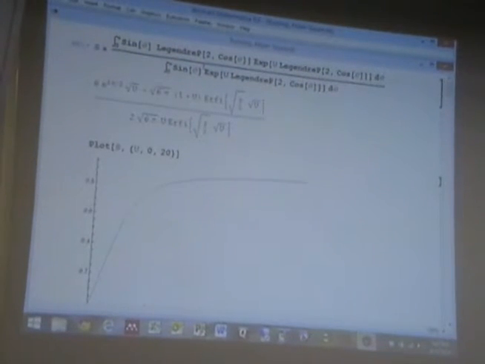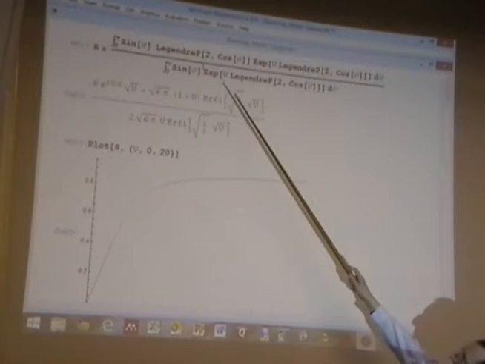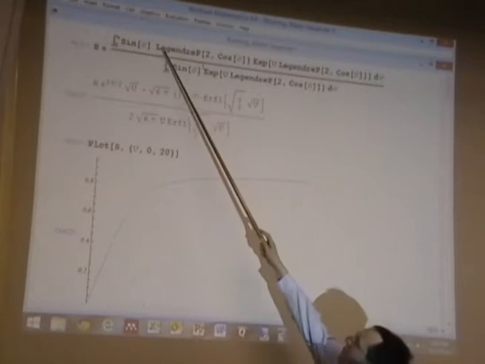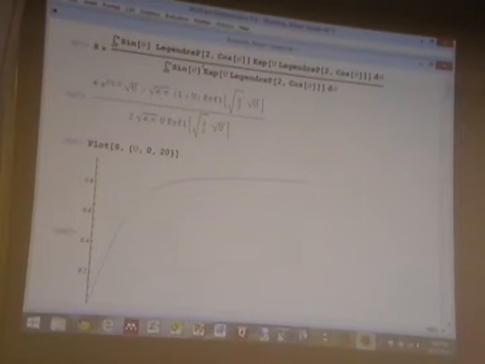So in Mathematica, the first step is to relate S to U, right? Because S is the expectation value of this P2 of cosine theta. I was hoping I could call it the Selinger function, but in Mathematica I can actually do it in terms of the error function like that.